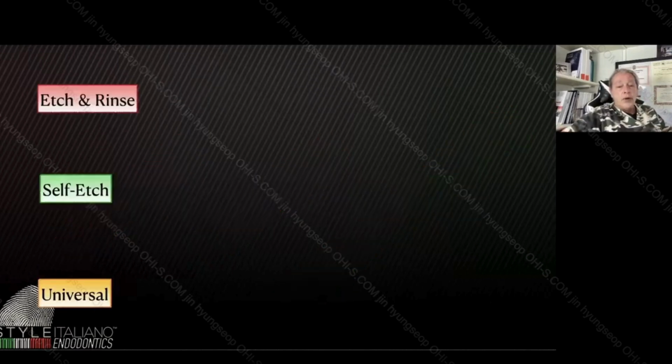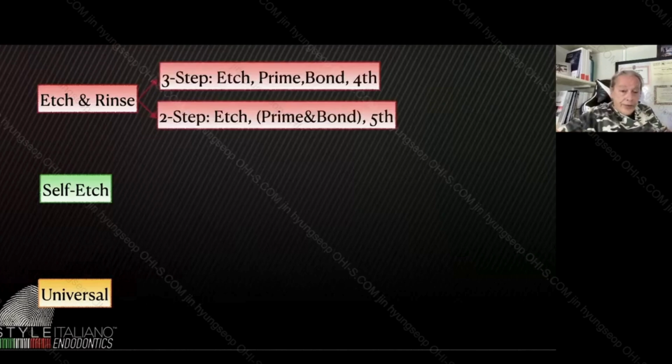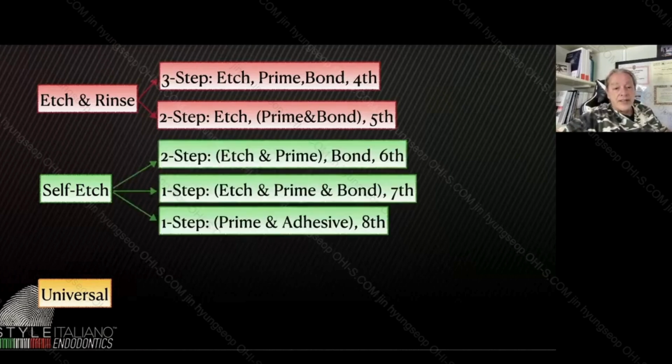So we prefer to use another kind of classification that takes into account the type of adhesive, the technique, that can be etch and rinse, can be self-etch, and can be universal, further divided in the number of steps that every technique uses.